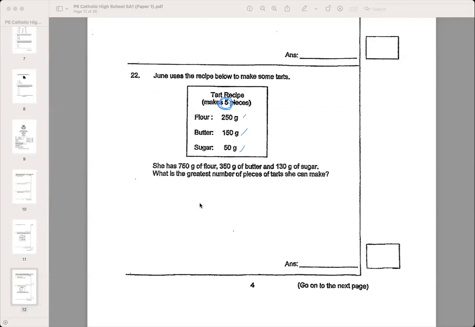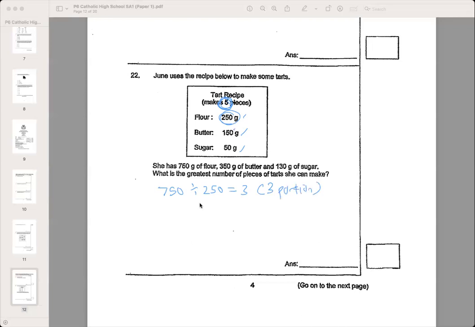So June has 750 grams of flour. How many groups of 250 can 750 grams of flour provide? 3 groups, which means 3 portions. There are 3 portions available.